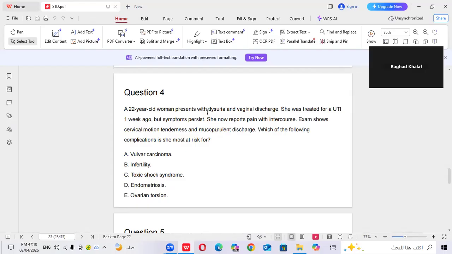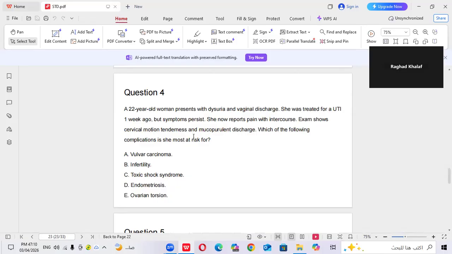You have to resolve the vaginal infection so you can resolve her urinary symptoms like UTI. Now she is having more and more manifestations toward STI like dyspareunia, like cervical motion tenderness, mucopurulent discharge.